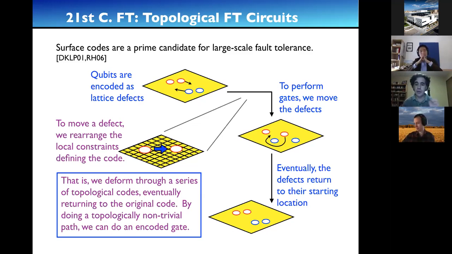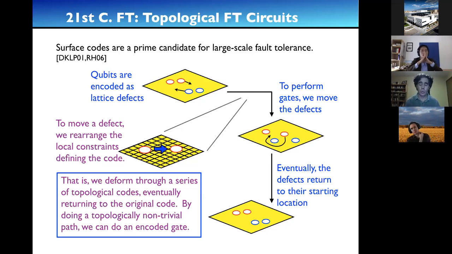Because it's topological, it doesn't matter exactly the shape of the loop so long as it goes around the hole. It doesn't matter whether it's a straight line or a curvy line, so long as it doesn't go around any extra holes, only between the two holes that you're interested in. One way to do gates in these codes is therefore to move the holes around in a topological way. We can move the defects by rearranging the local constraints.